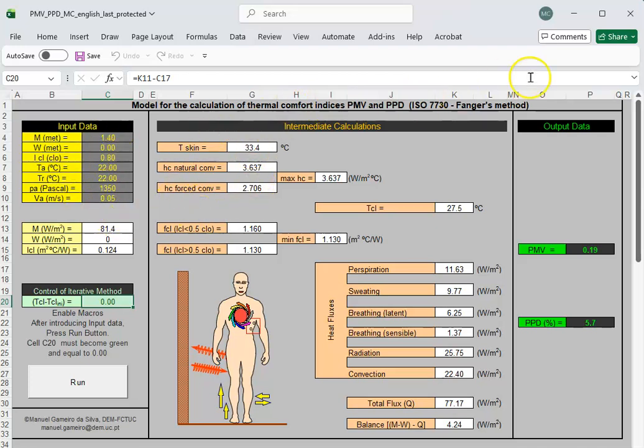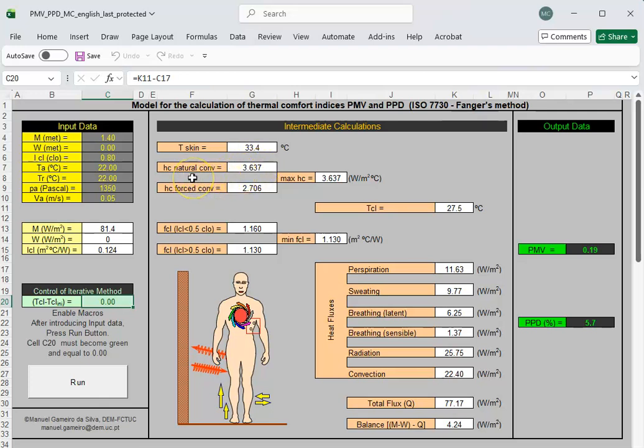So here in the middle section we have the intermediate calculations for the application of the method. We start by calculating the external temperature of the clothing, by calculating the heat transfer coefficient by convection. We are doing two calculations.